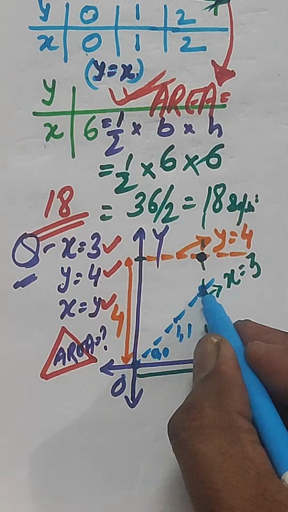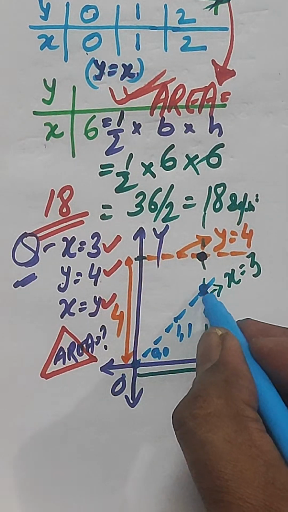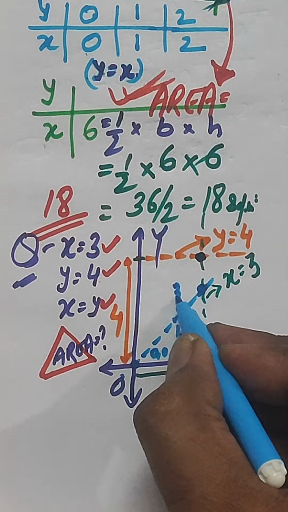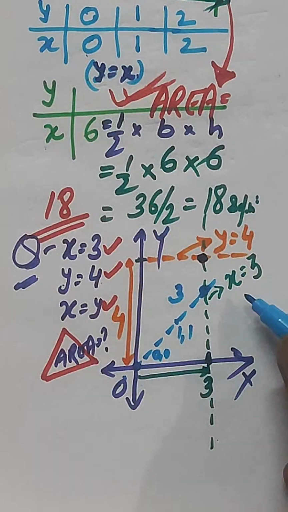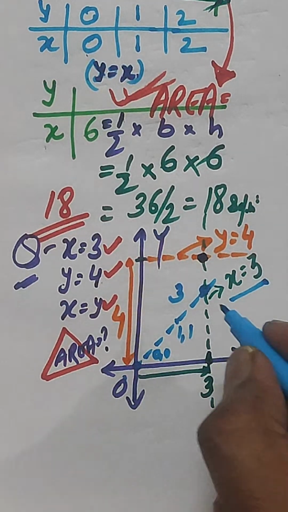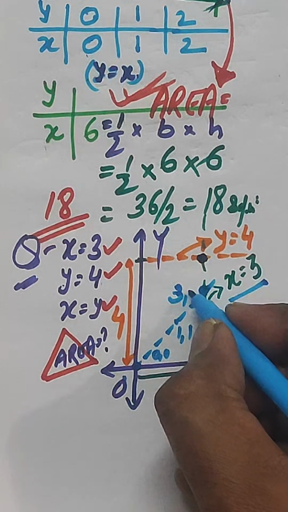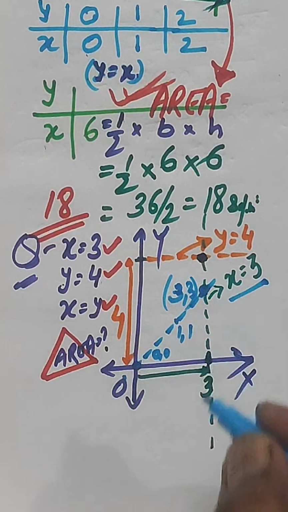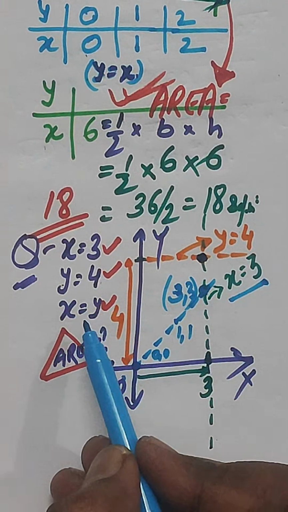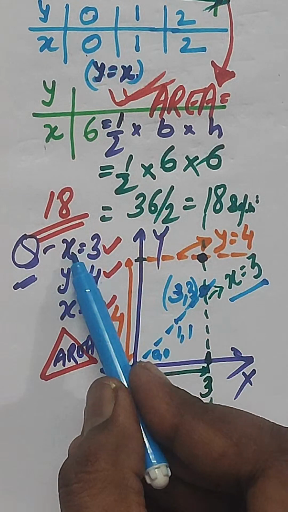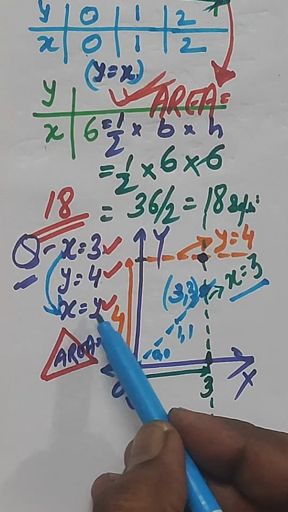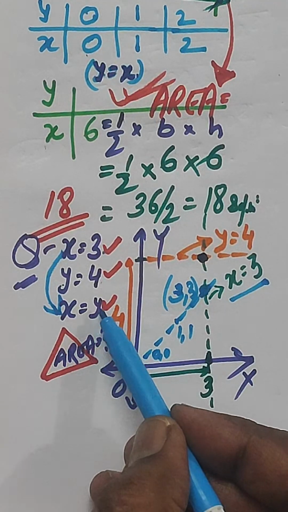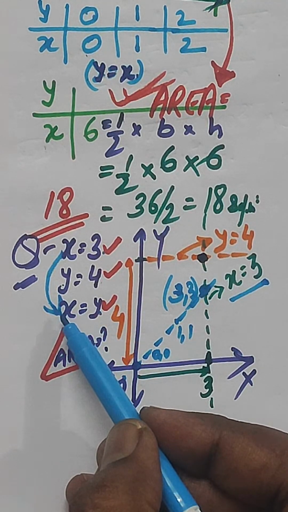and at this point with this solution we get x equal to 3, because this is the line drawn parallel to the y-axis. This is for x equal to 3. So x will be 3 and y will be 3. You can simply put the value over here. If x equal to 3 is put into the equation x equal to y, we get the value of y as also equal to 3, right?